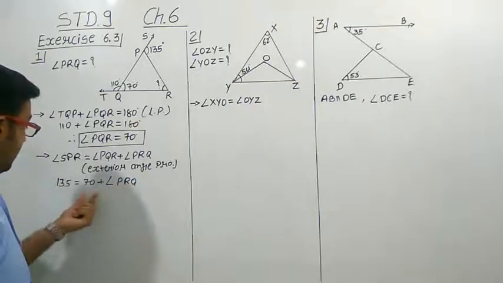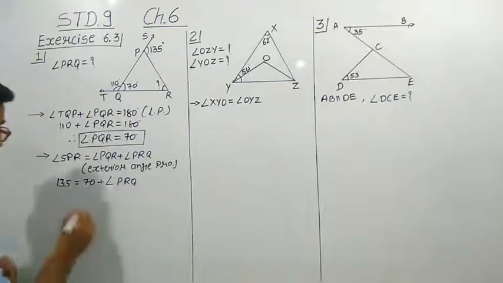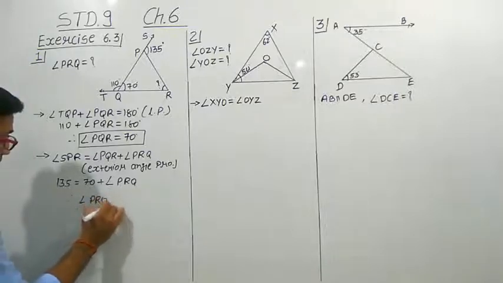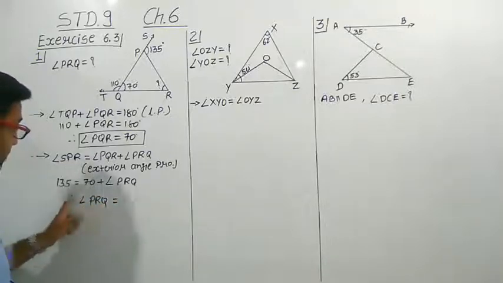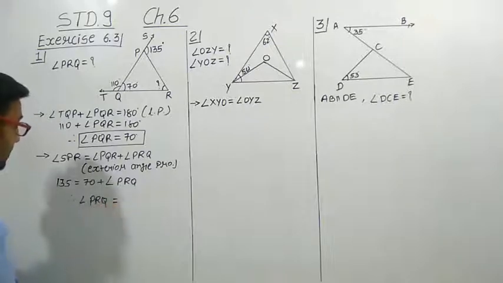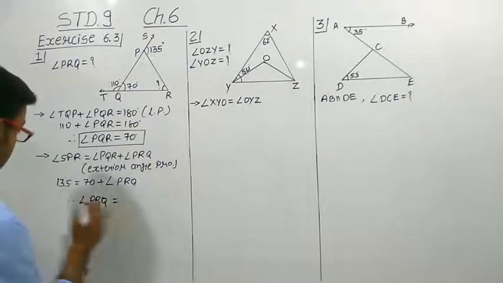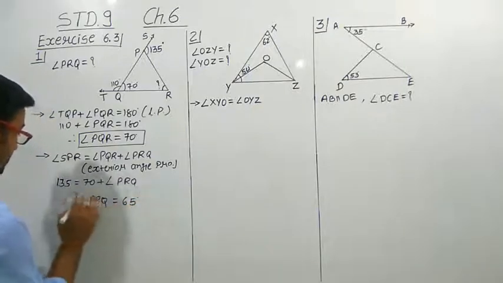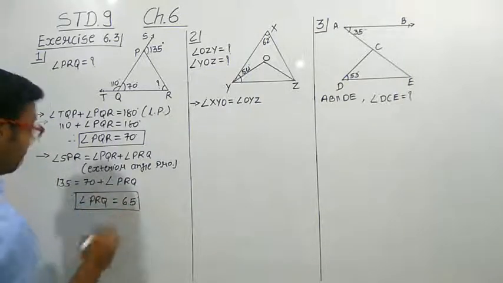When we take this 70 to the left hand side, we get the value of angle PRQ equals 135 minus 70, and we get 65 degrees. So this is the value of angle PRQ.